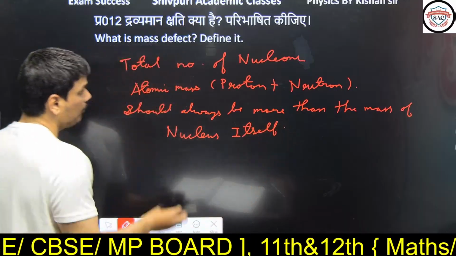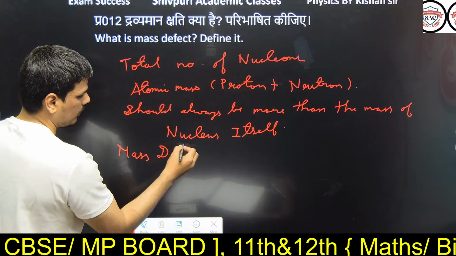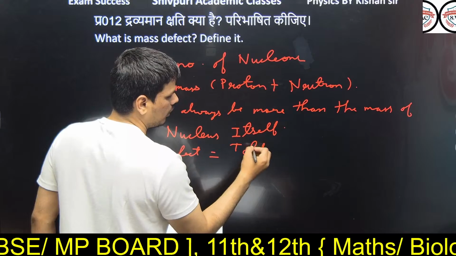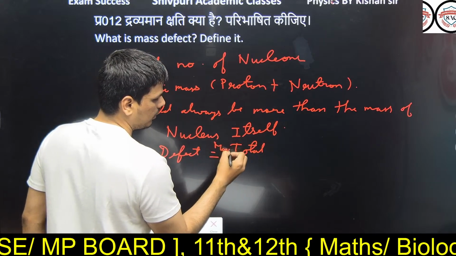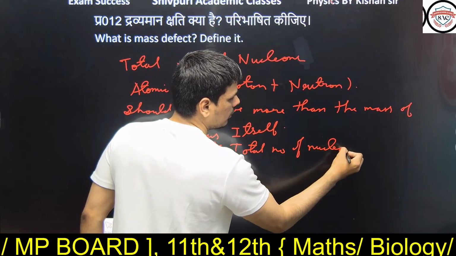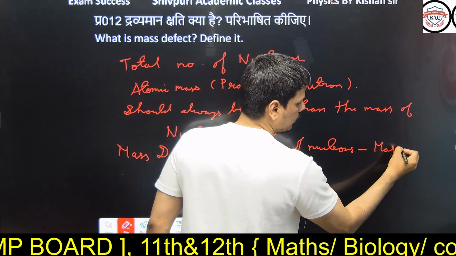So we could say the mass defect equals the mass of the total number of nucleons minus the mass of the nucleus.